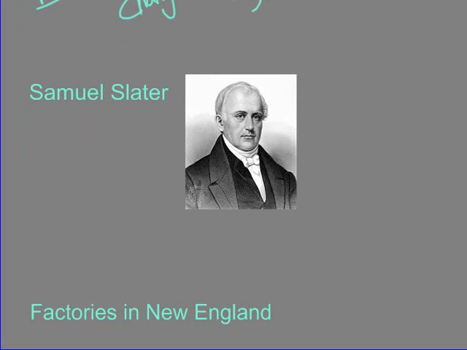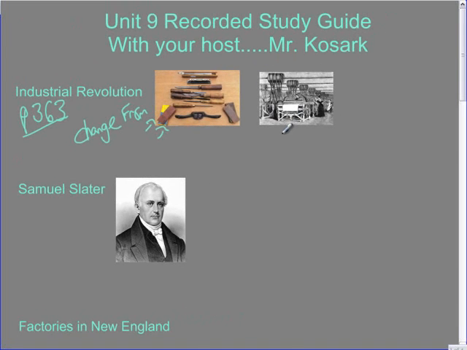That's what this is a picture of right here, hand tools. Going to making things in factories. So that's basically the Industrial Revolution in a nutshell. You're talking about this change from making things with hand tools to making them in factories.